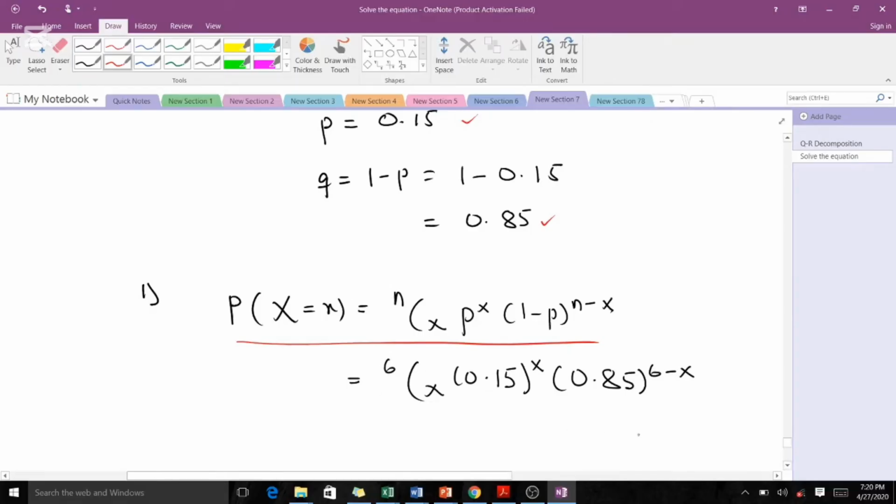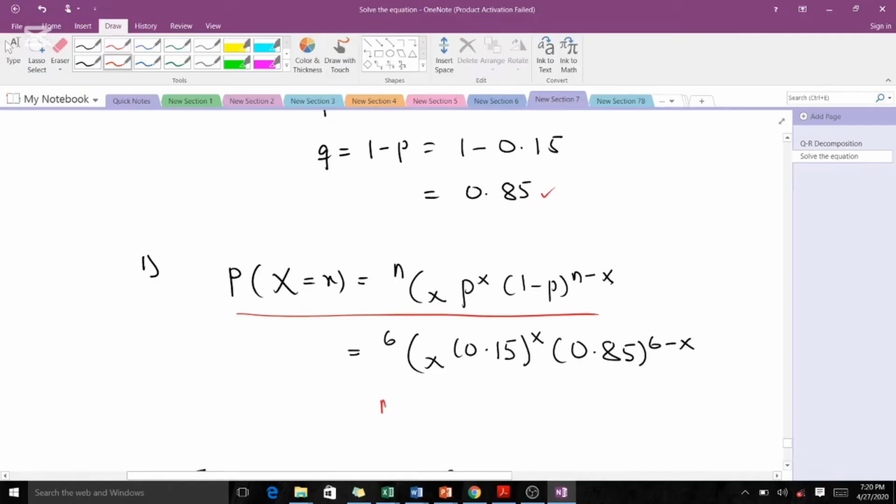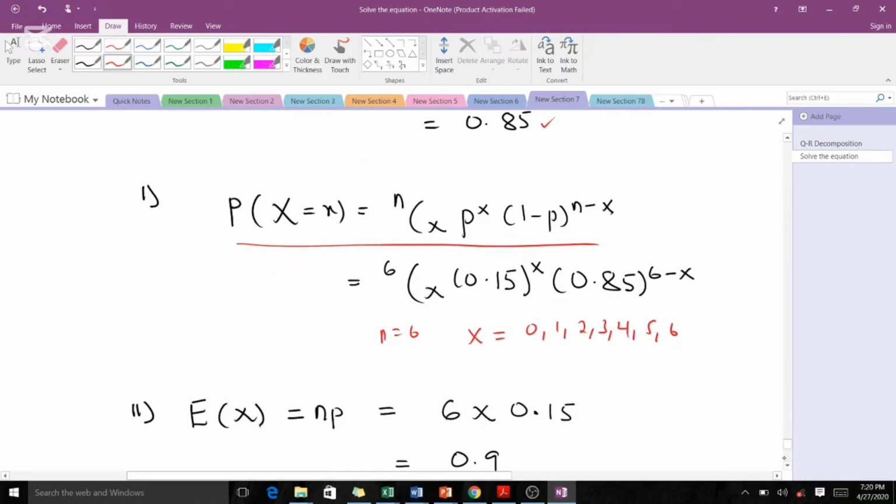So this will be the distribution for our binomial for this particular question. Since our n is equal to 6, x can take values 0, 1, 2, 3, 4, 5, then 6. So with this, we can find the probability of 0, 1, 2, up to 6. That happens to be the distribution for the binomial trial.